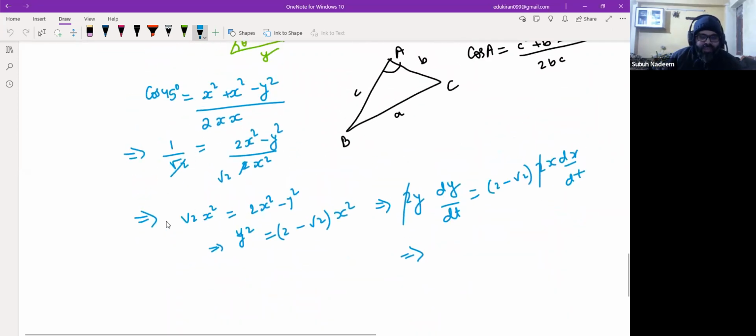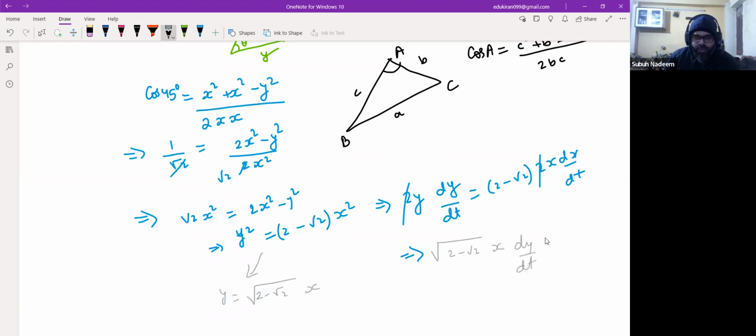So from here, y is the square root of 2 minus root 2 into x, taking the square root on both sides. So y, the square root of 2 minus root 2 into x, into dy by dt is equal to 2 minus root 2 and into x, dx by dt is v, the velocity.